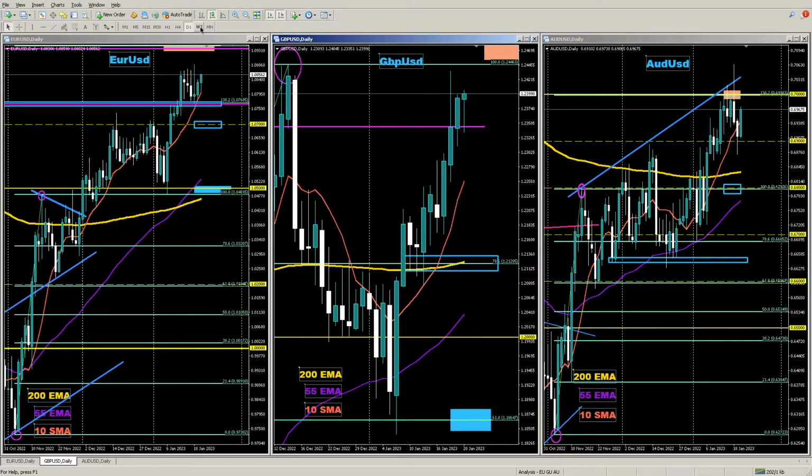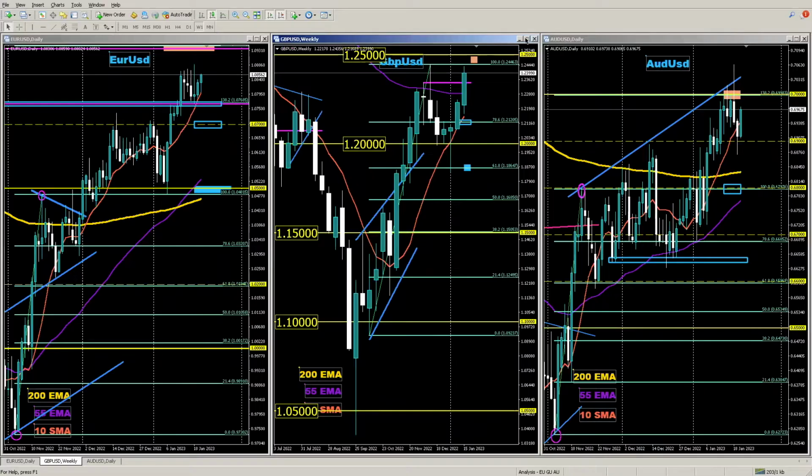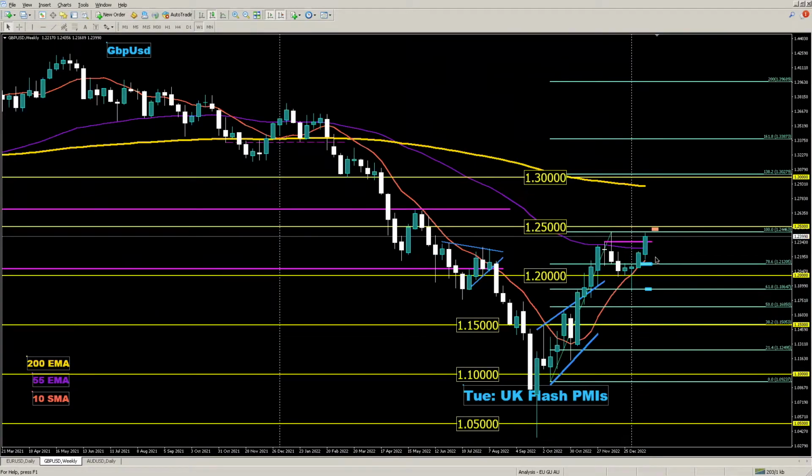On the weekly time frame, it's a bullish close, and that's why we've got to see whether there's any momentum to push it through the 125. Otherwise, it could just also pull back and retrace back into the weekly 55 EMA.